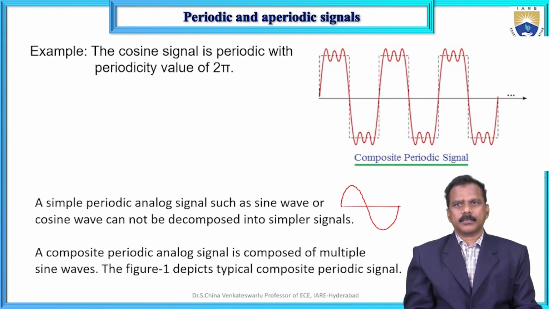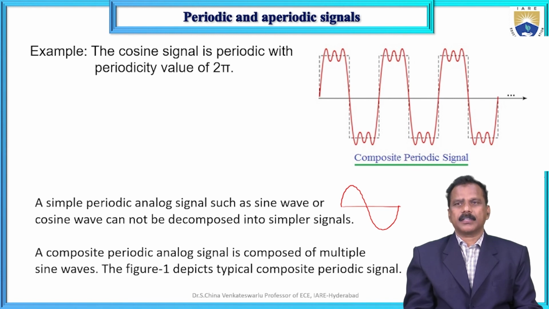As you can observe, a simple periodic analog signal, a sine wave or cosine wave, cannot be decomposed into a simpler signal. The other way is the composite periodic analog signal, which is composed of multiple sine waves.